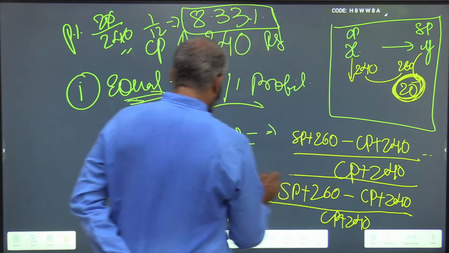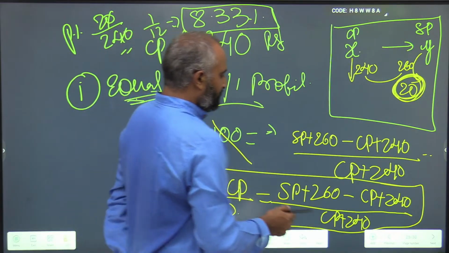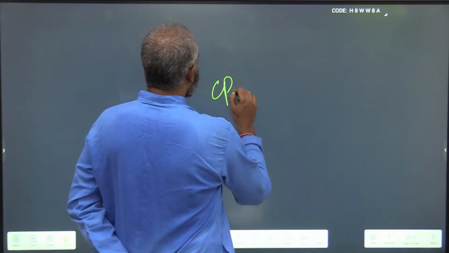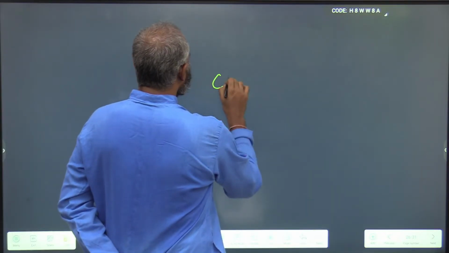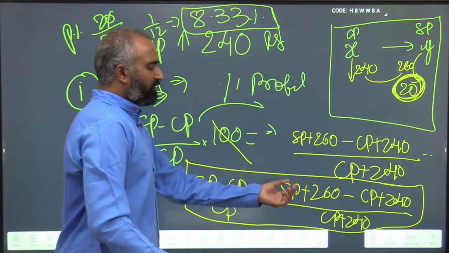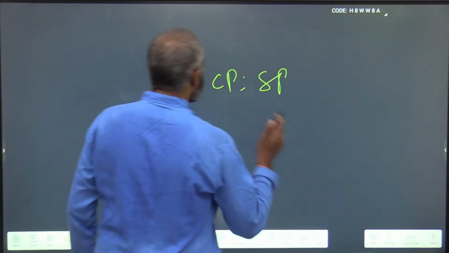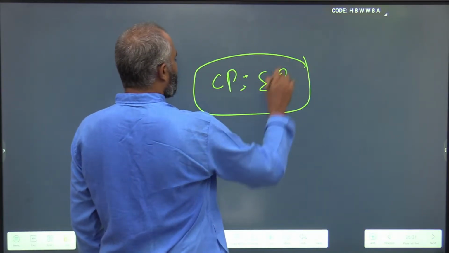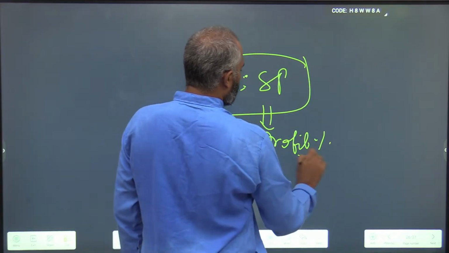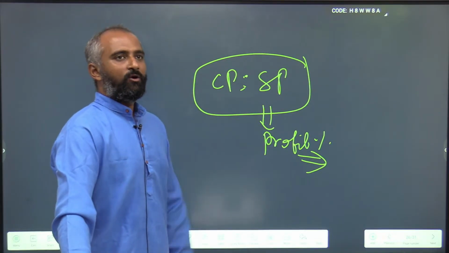If you solve this whole equation, you are going to get the ratio of CP to SP. You will not get the values, because there are two variables and one equation, but you will get a ratio CP is to SP. From this you can find out the profit percentage.